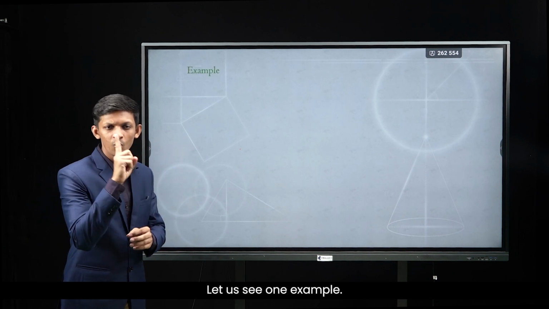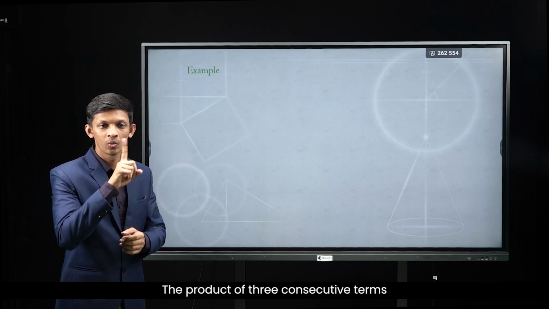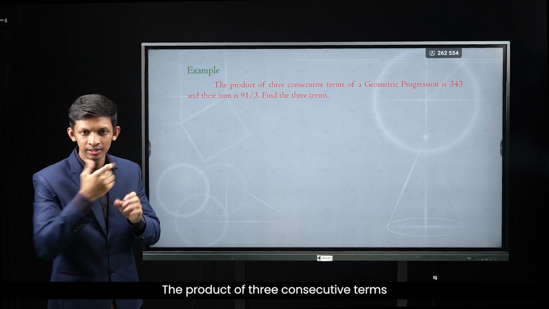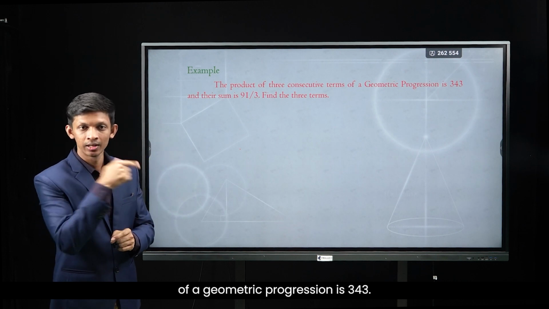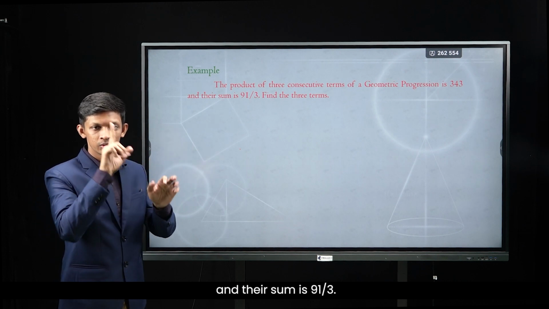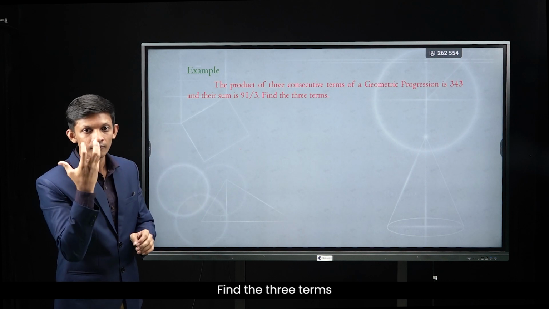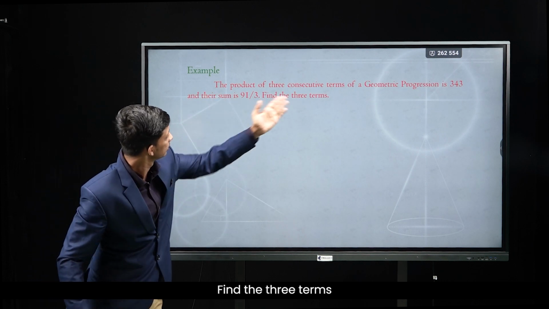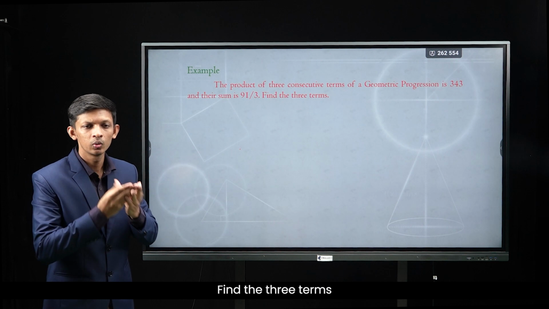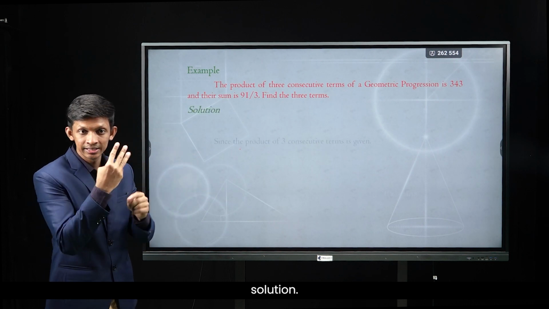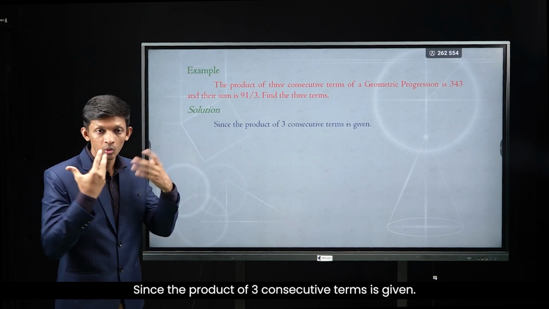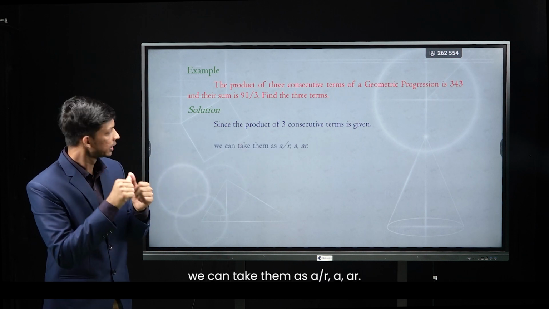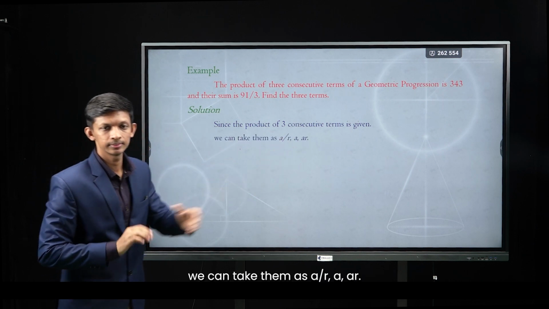Let us see one example. The product of three consecutive terms of a geometric progression is 343 and their sum is 91 by 3. Find the three terms. Solution: since the product of three consecutive terms is given, we can take them as a by r, a and ar.